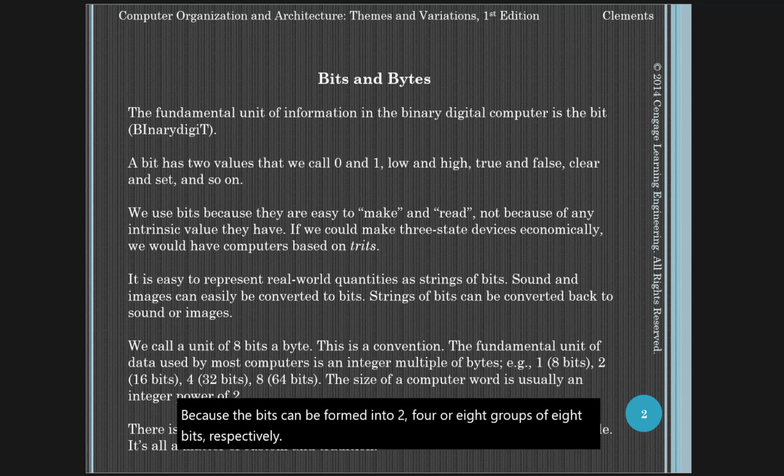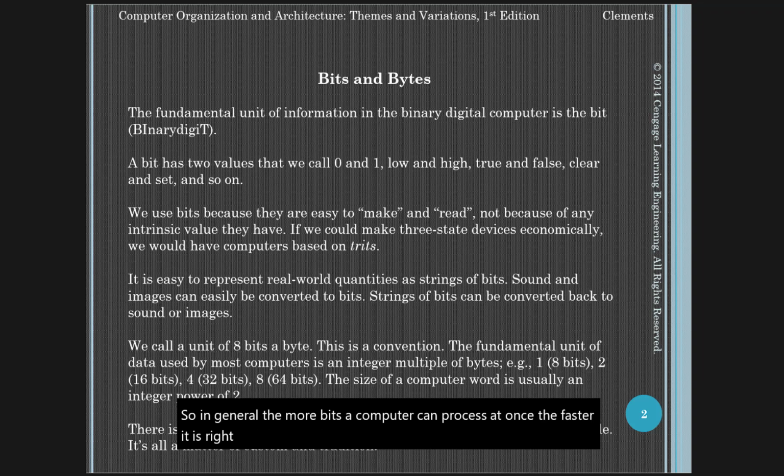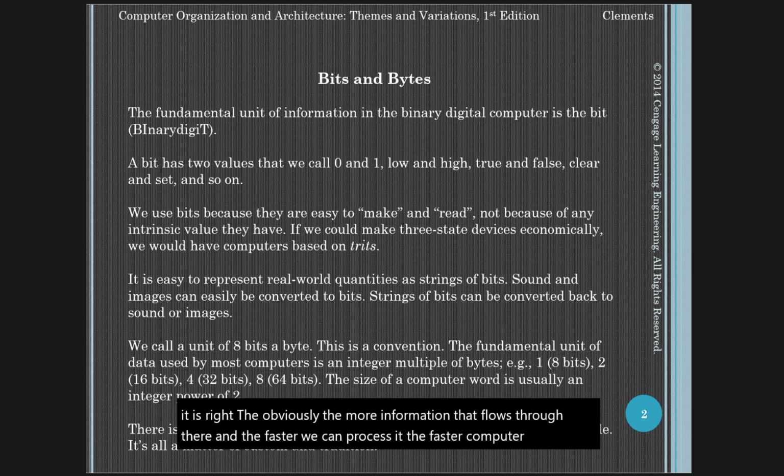So in general, the more bits a computer can process at once, the faster it is, right? Obviously, the more information that flows through there and the faster we can process it, the faster a computer goes. As computer technology has grown both more powerful and cheaper, the groups of bits processed by a computer have become larger, right?